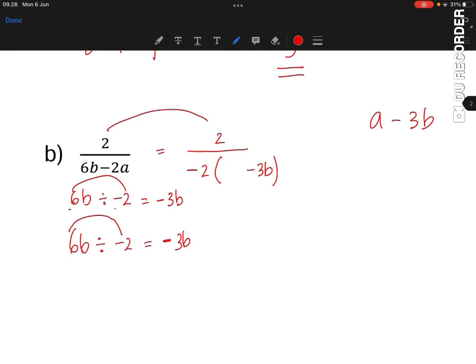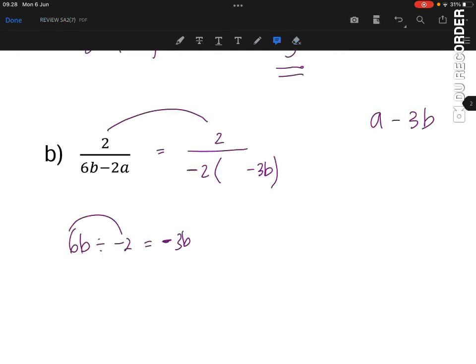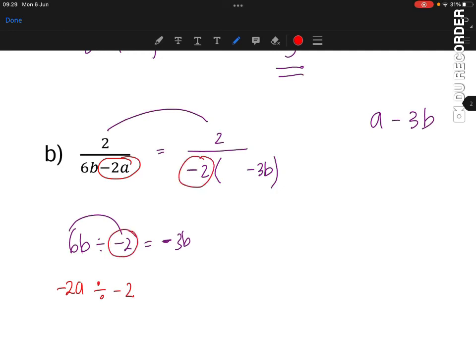Okay. Move on to the next one. We have negative 2a. Negative 2a divided by negative 2. Miss, why is it negative 2 for the divisor? Look, we need to factorize it, right? So we need to divide both these terms by negative 2.